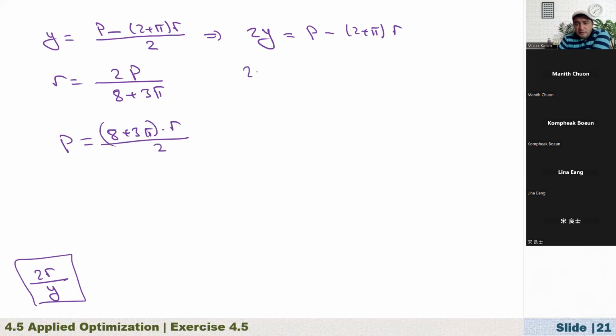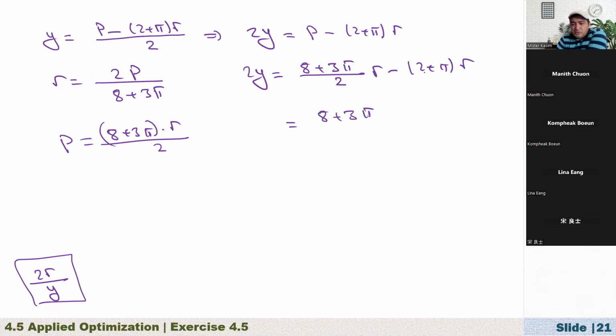Now, if you substitute here, 2y is equal to 8 plus 3 pi over 2 times r minus 2 plus pi r. So r is a common factor. Let me simplify this. So that is 8 plus 3 pi minus 2 times 2, it is minus 4 minus 2 pi over 2, and r, right?